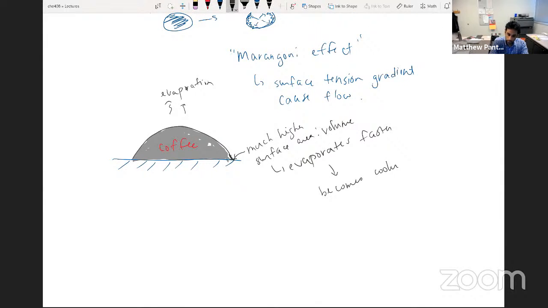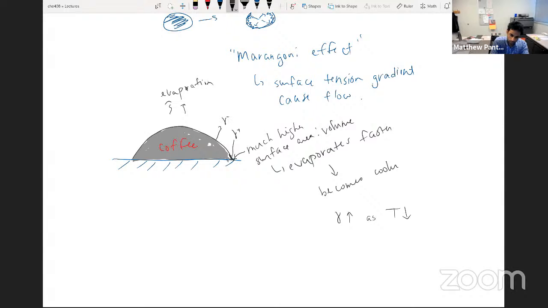If you remember the dependence of surface tension on temperature, surface tension goes up as T goes down. So we'll have a slightly higher surface tension at the edge than, say, here.